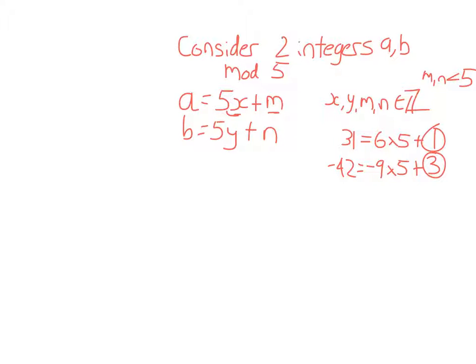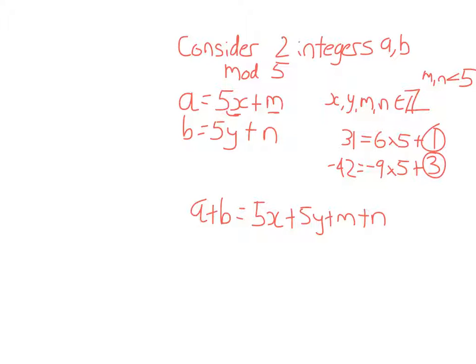So, what happens when I add them first? So, a plus b, what will I get? Well, I will get 5x plus 5y plus m plus n. I can change the order because addition is commutative.